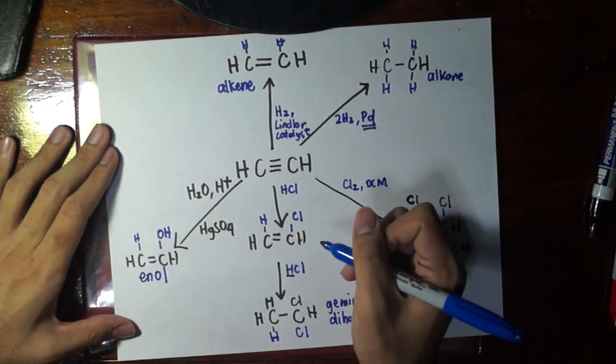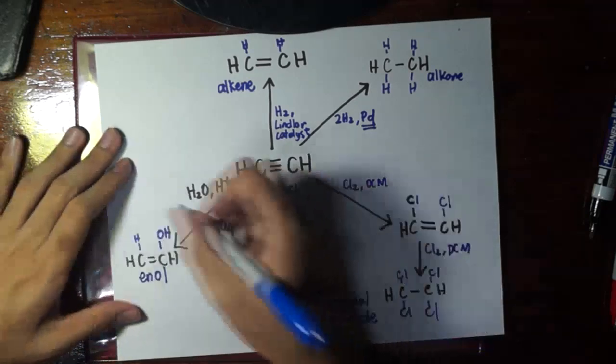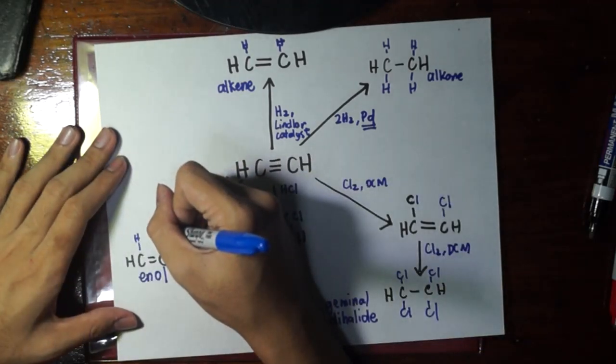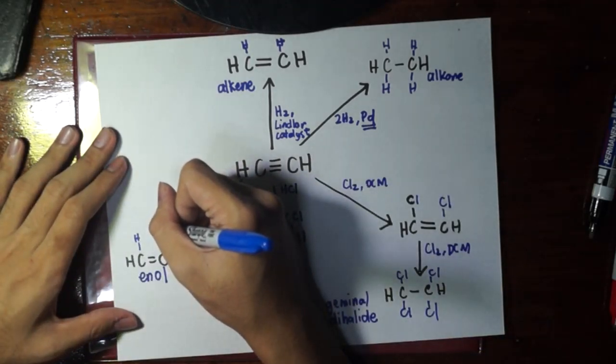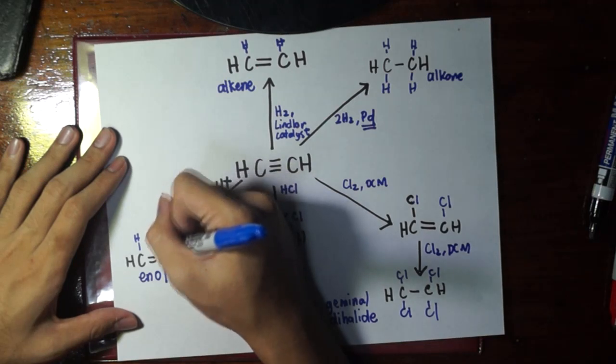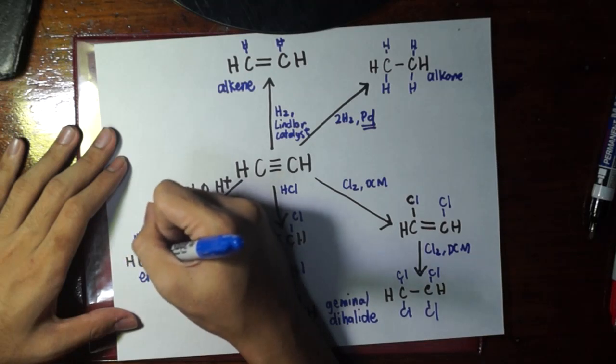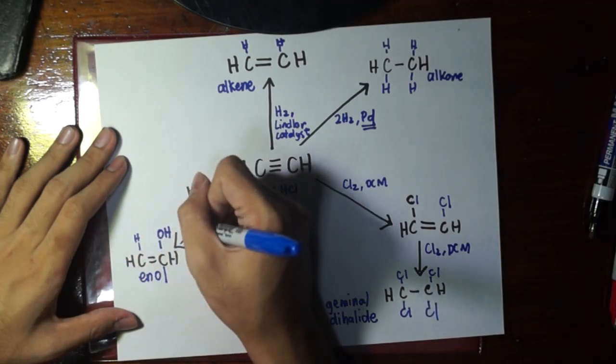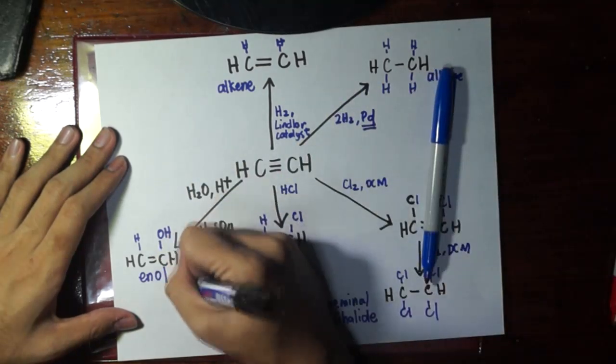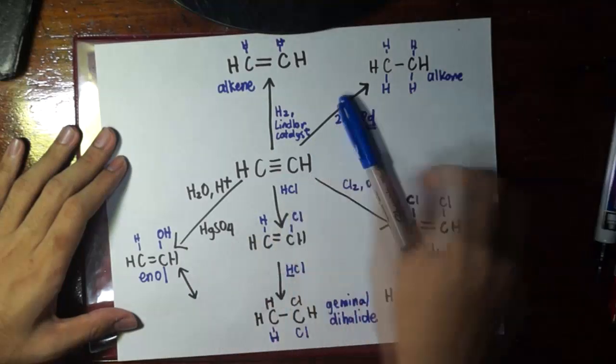But actually, an enol is unstable because look at this. Oxygen, it likes electrons. It's electronegative, but it only has one bond with carbon. As compared to this carbon, it has two bonds, and oxygen will be like, hey, I'm electronegative. I should have more bonds than the carbon. So what happens is that it rearranges.